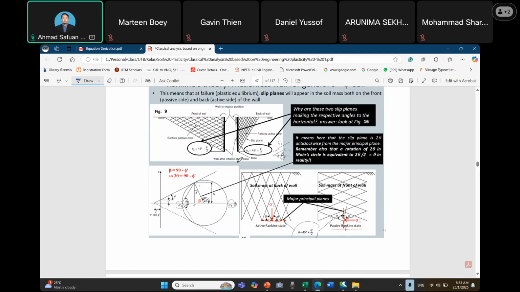So basically the shape of this angle is considered as theta. For the active Rankine state, theta is equal to 45 plus phi over 2.